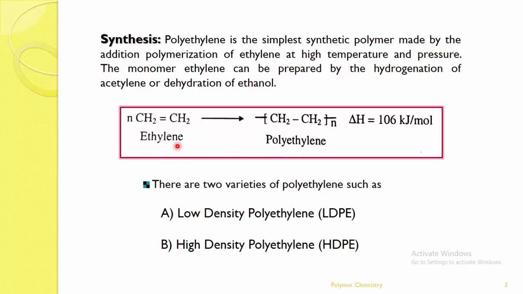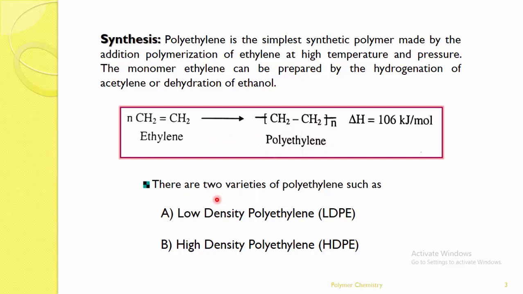The monomer ethylene can be prepared by the hydrogenation of acetylene or dehydration of ethanol. Once this monomer is formed, on addition polymerization it forms polyethylene as a bigger polymer.